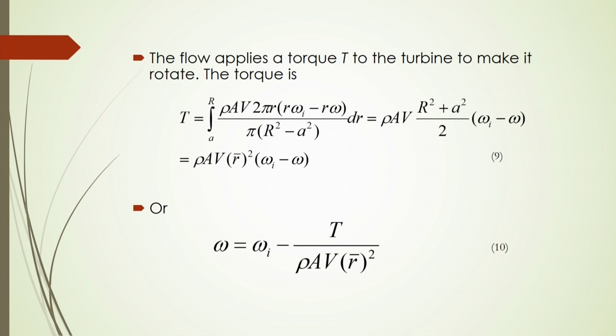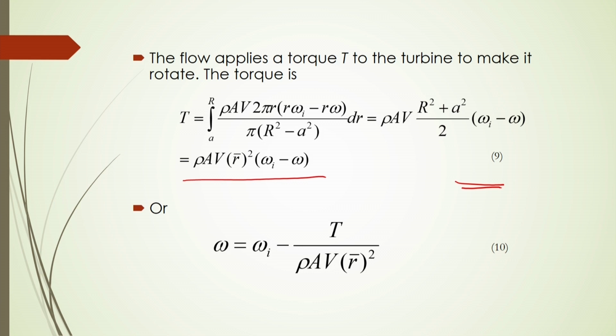This torque makes the turbine rotate, and in that case how do we calculate this torque? Of course it depends on the rotational velocity. This torque is measured by this equation here, which finally comes to rho A V into R bar square into (omega I minus omega) after simplification, and this equation number 9 will be used to calculate the torque.